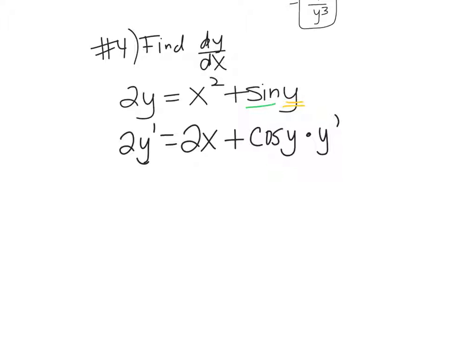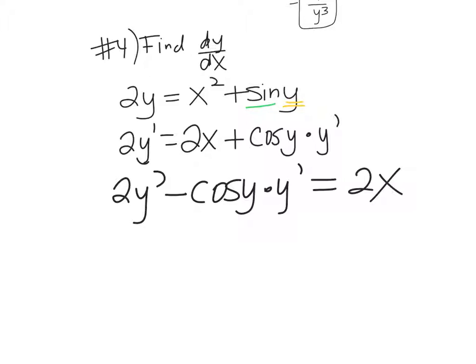So let's get our y primes over to the same side. We can just move them over here. Okay? So I have 2y prime minus cosine y y prime equals 2x. So I'm getting all my y primes together.